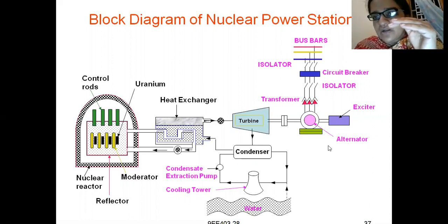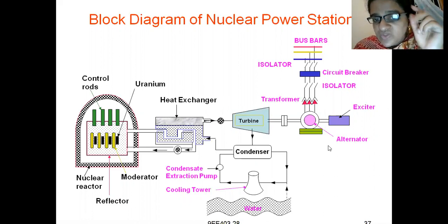Okay, the heat energy from the water will be extracted, and the cool, low temperature water, which is the output of the cooling tower, will again be passed through the condenser and circulated around the tubes through which the exhausted steam is allowed to pass.